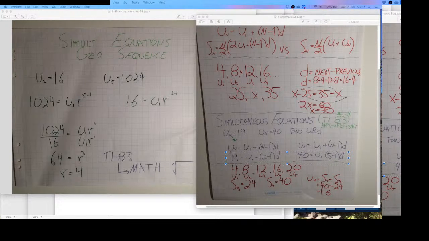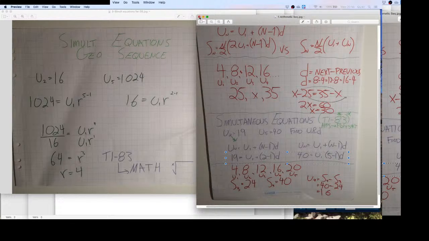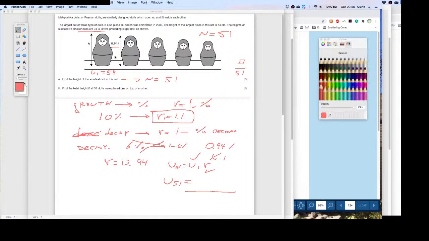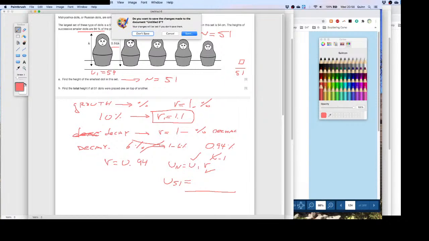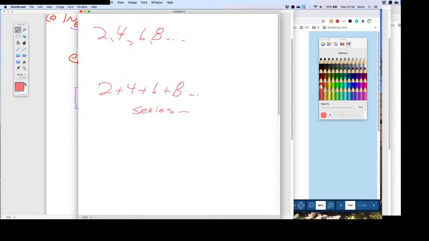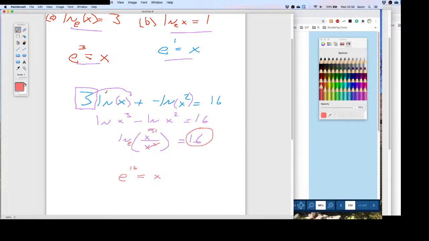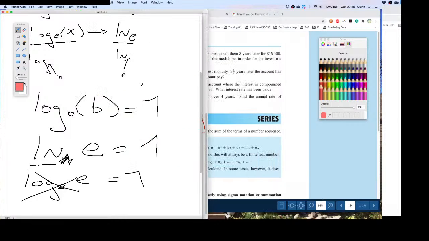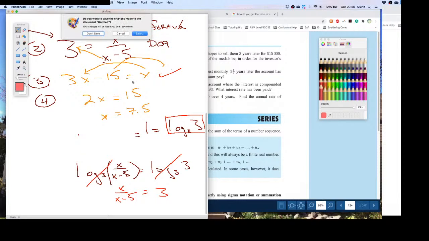So, Alexander, I'm trying to find something for you. I'm going to close this, and close some of these other windows. Don't need that.